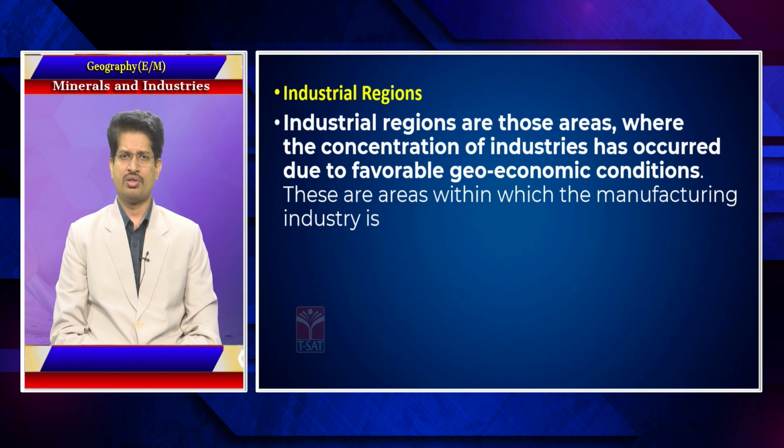The reason is he can reduce the transportation cost. If the raw material weighs 10 tons and the final produce weighs just 1 ton, you can save the transportation cost of 9 tons of raw material. In this way, availability of raw material determines the establishment of industries.